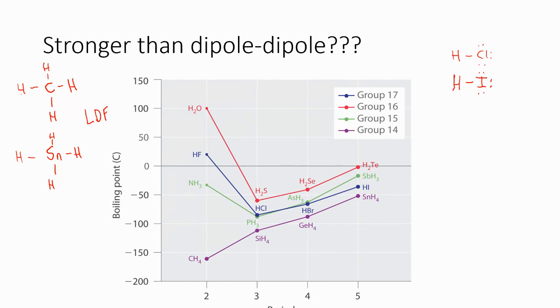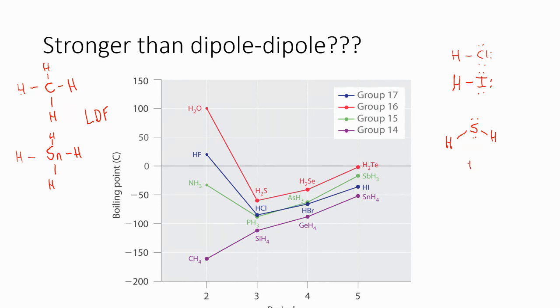If I looked at H2S, for instance, H2S is a bent molecule. H2S is polar. Any molecule that has lone pairs on the central atom is going to be polar. So it has dipole-dipole forces and a relatively high boiling point.